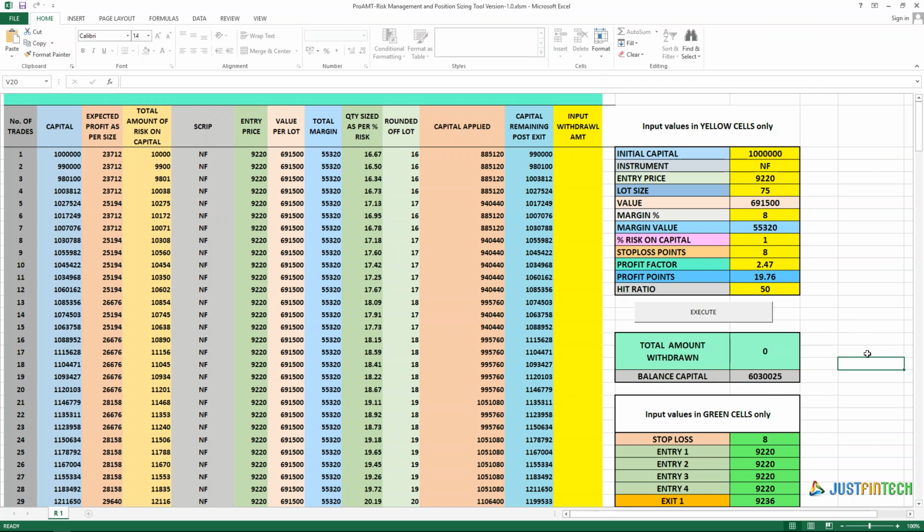It's difficult terminology if you have not gone through it, but you don't require exactly those statistics for practically doing the risk management and position sizing, because most of the people leave out the studies because they find it difficult.